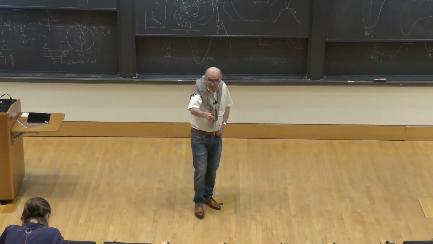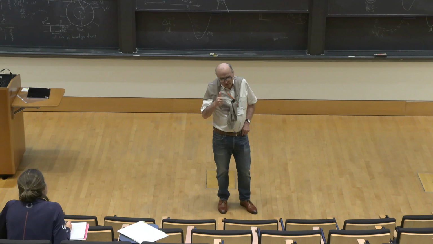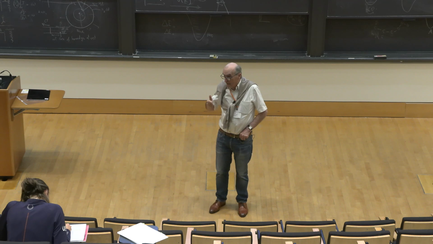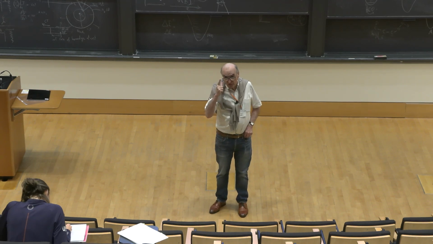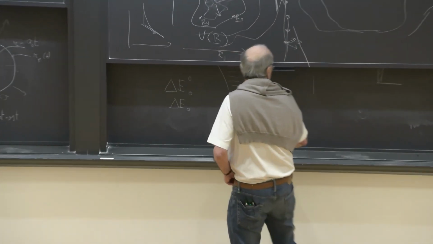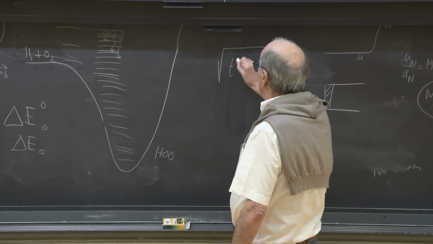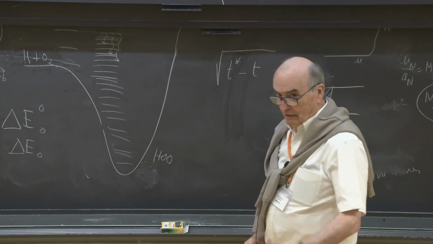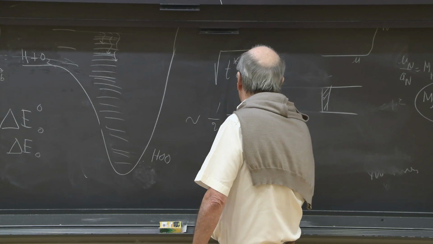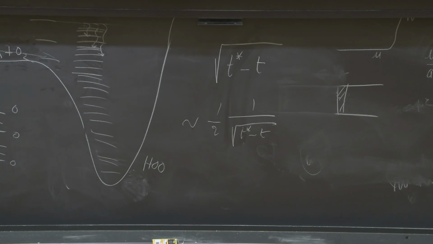So the flame speed does not diverge, but the acceleration of the flame is diverging, because as soon as you have something working like the square root of T star minus T, take the derivative, and you will find something like 1 over T star minus T. And this is going to diverge at the critical point.